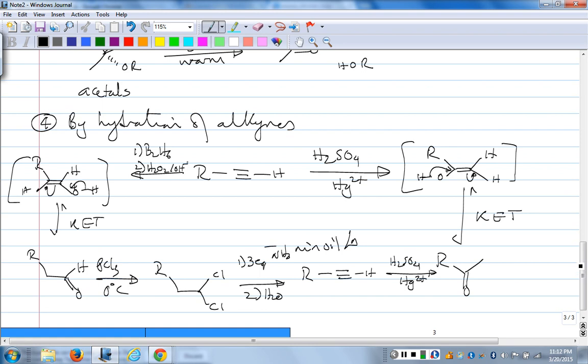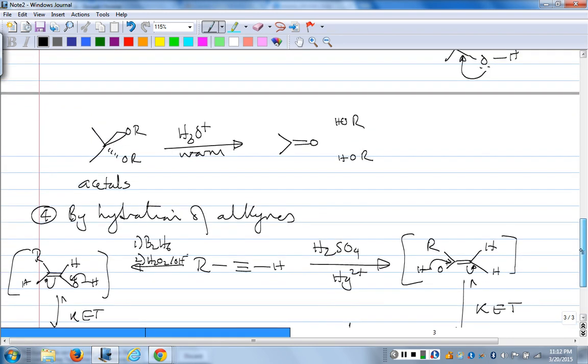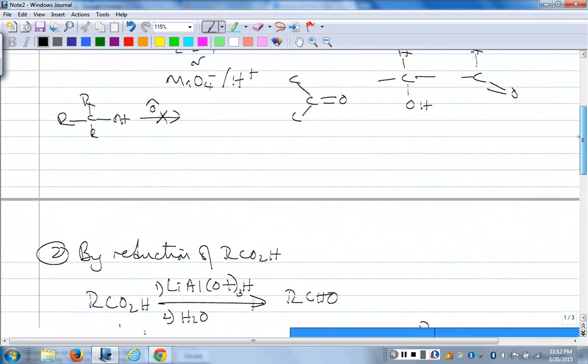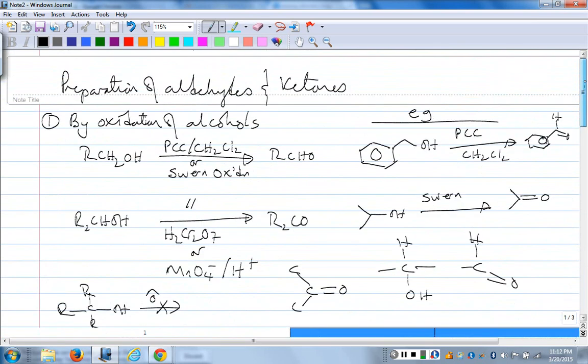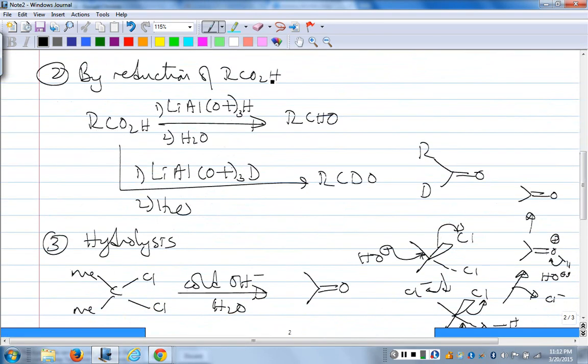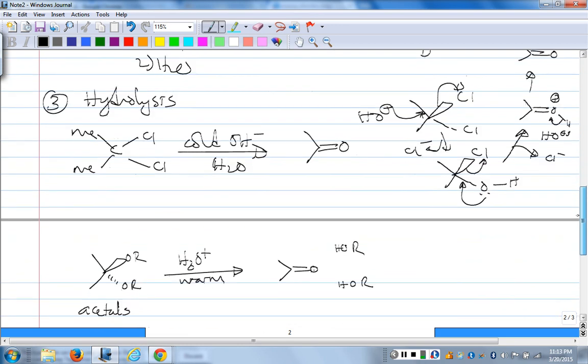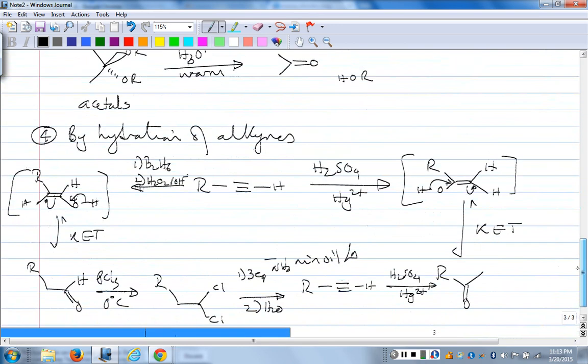And so we've looked then at 4 methods of preparing aldehydes and ketones. So oxidation of alcohols, reduction of carboxylic acids, and we'll see some more of these sort of reactions at the aldehyde level, at the acid level, when we get to those functional groups later on. There's hydrolysis, and then there's hydration of alkynes.